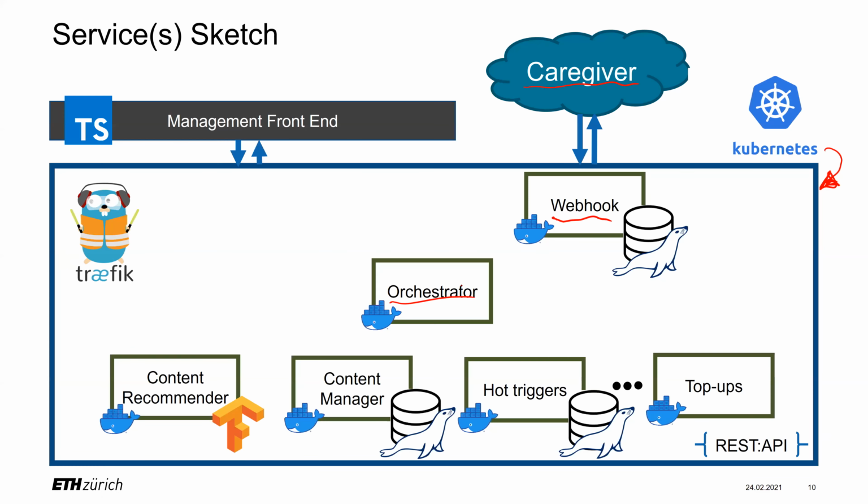The traffic within the Kubernetes cluster is managed by Traefik. The idea of this service is that, of course, the caregivers can interact with the service themselves, but there are also people, researchers or education experts, that interact with the whole Afinidata service in order to provide content or monitor the state of the whole system.